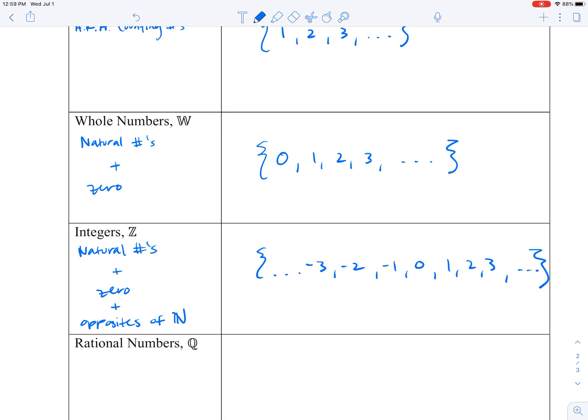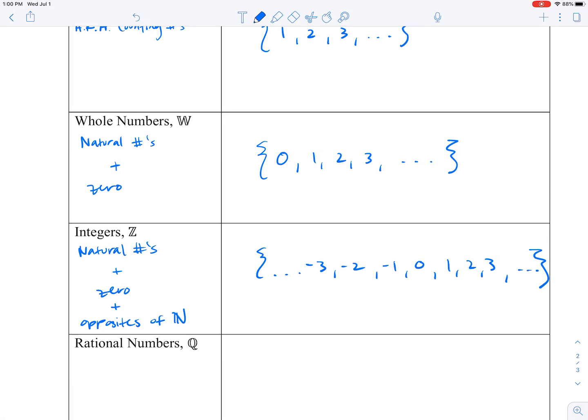And that's just to show that the integers continue on towards both infinities, in both directions, towards negative infinity and towards positive infinity. -2, -3, -4. Those values are getting smaller and smaller, all the way to negative infinity. And as we go towards the positive, 1, 2, 3, 4, towards positive infinity, those numbers are getting larger.